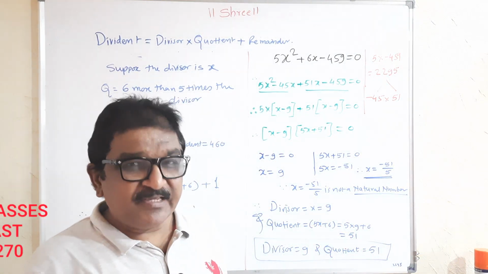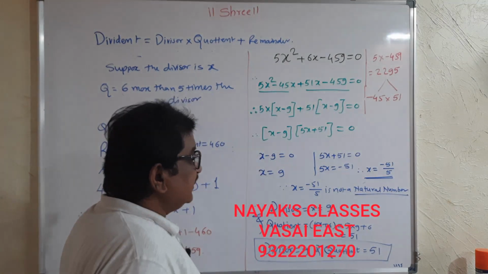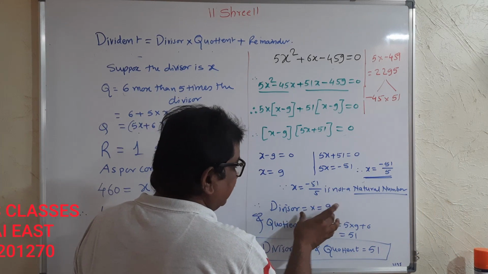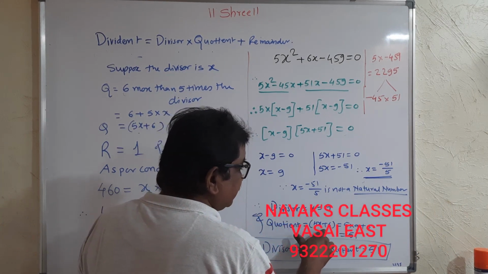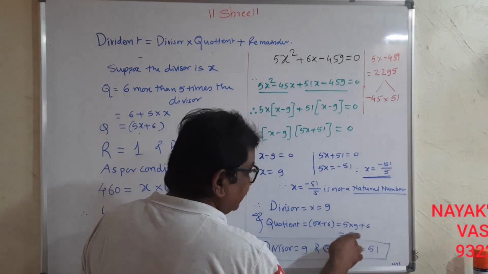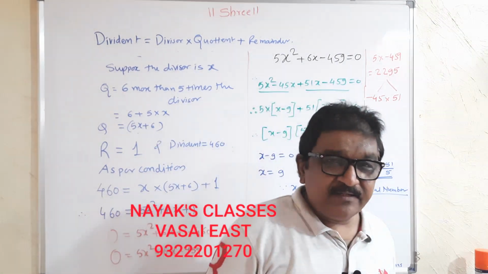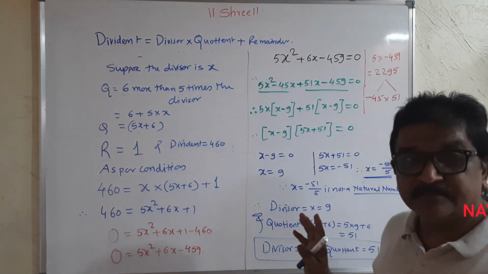Minus 51 upon 5 is not a natural number. So, rejecting this, we have accepted x is equal to 9. So, divisor is 9 and quotient is 5x plus 6, which is 5 into 9 plus 6, 51. So, divisor is 9 and quotient is 51.